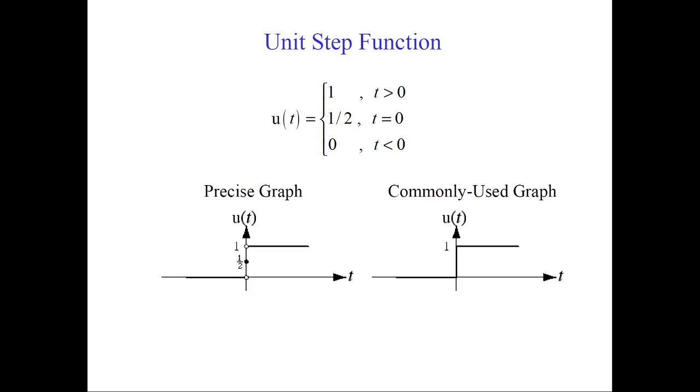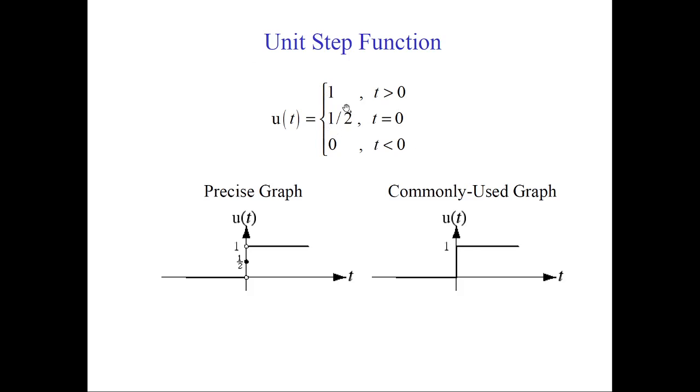Now the unit step. Normally the unit step signal is available from the instant t greater than 0. Here t is 0 and to the left t is negative. From t greater than 0, the signal is present for all instants, and its amplitude is 1. Here unit represents that its amplitude is 1. If I multiply by 2, its amplitude would be 2 for t greater than 0.